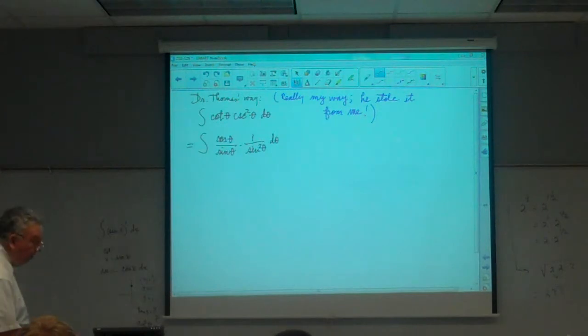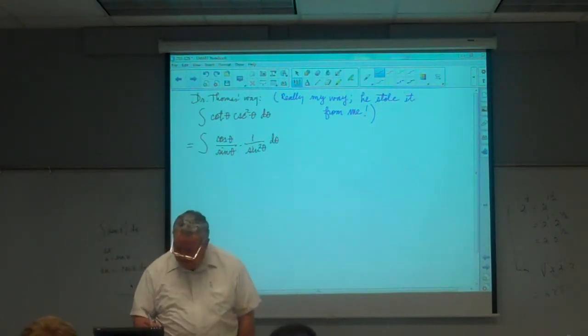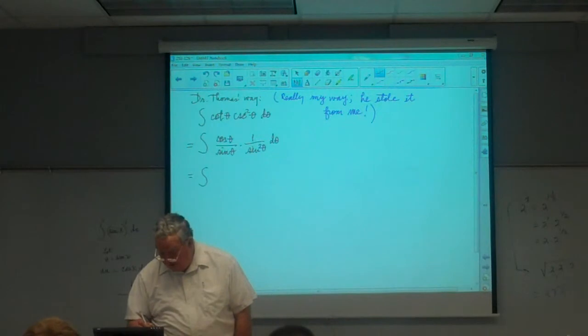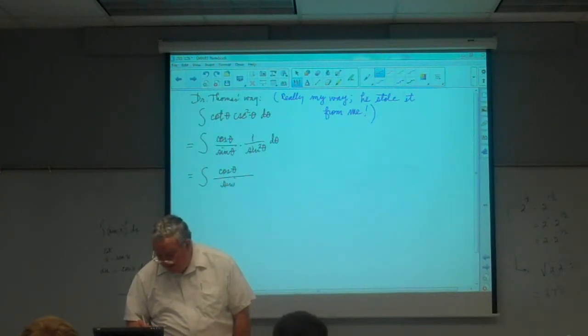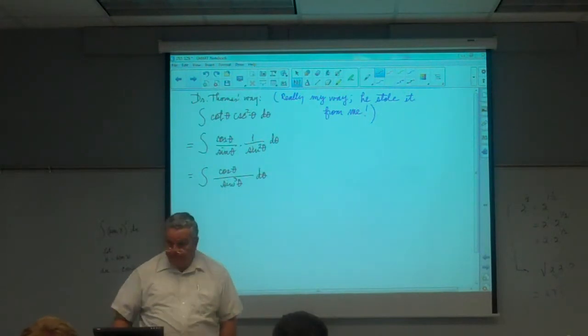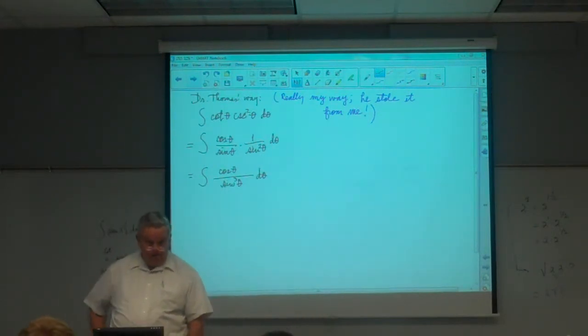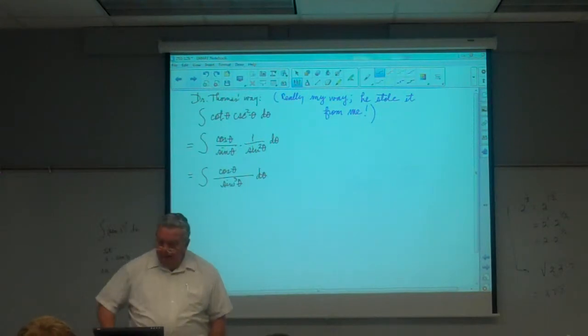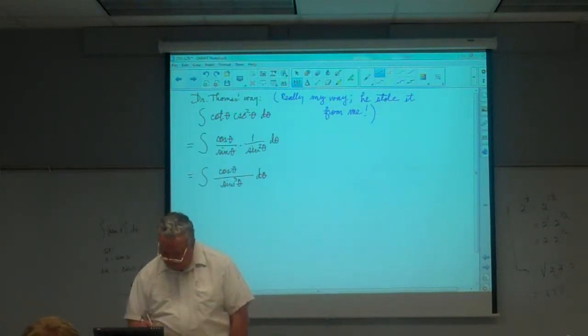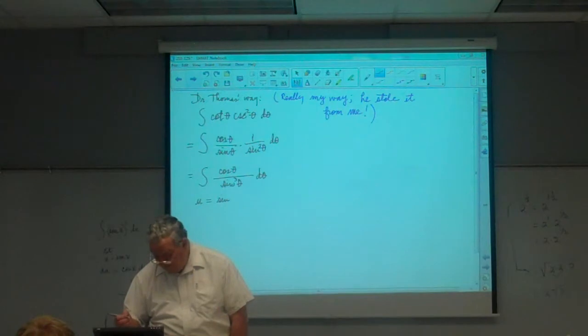Okay. But now I have the integral of cosine theta over sine cubed theta d theta. Agreed? Okay. But now I'm going to let u be equal to sine theta.